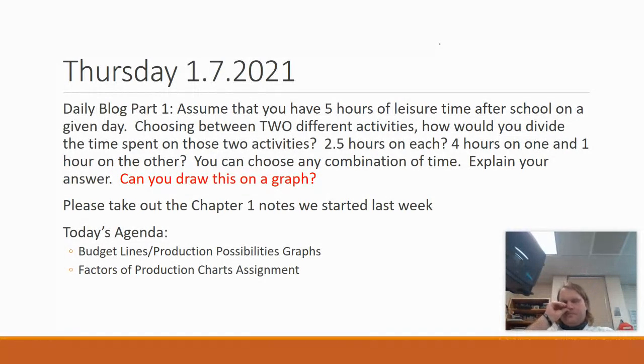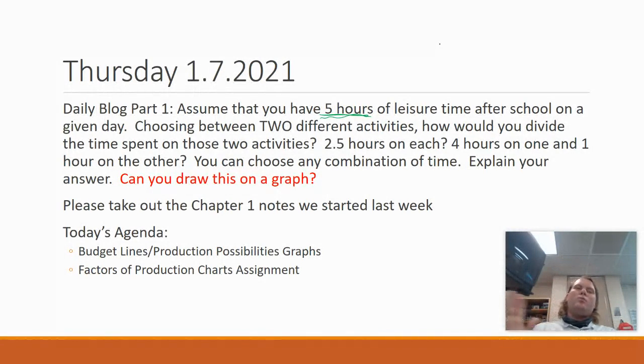Okay, so the next part of this, all right, if we can identify how people are going to behave within this benefit and cost, we can also predict and identify how people are going to behave when they're given a certain resource. Okay, so in this particular case, if you can kind of read through this, right, you're going to have 5 hours of time that you can do whatever you want.